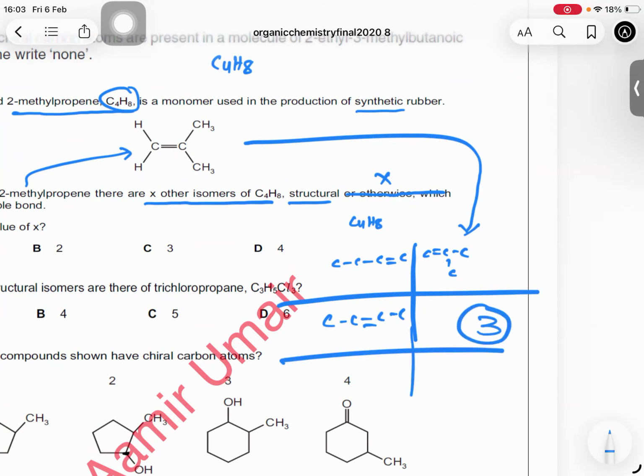So the total number is 3. 3 minus 1. If it had asked you one more, you can add this one. What is this? Cyclobutane, because he has not restricted us with chain and position. So it would be 4. You subtract this one, so the total number is 4, so 3 is the answer.